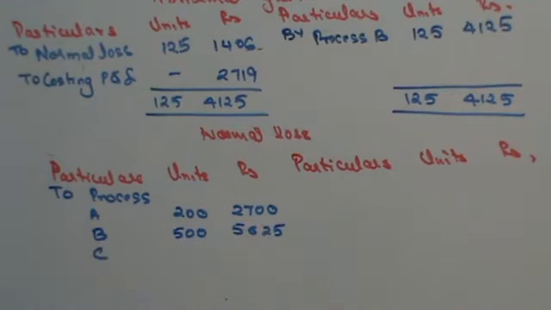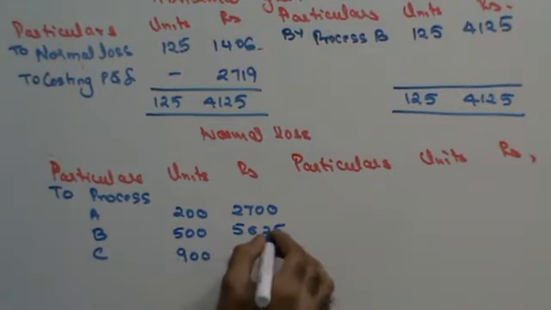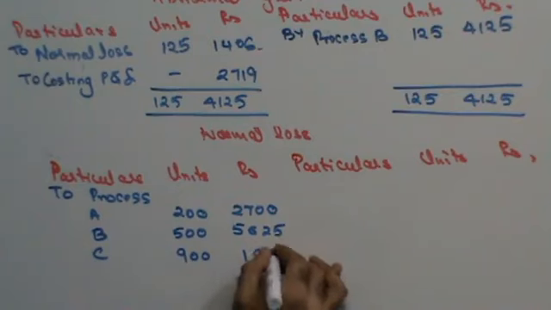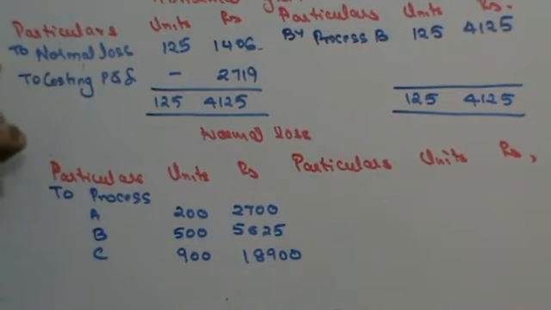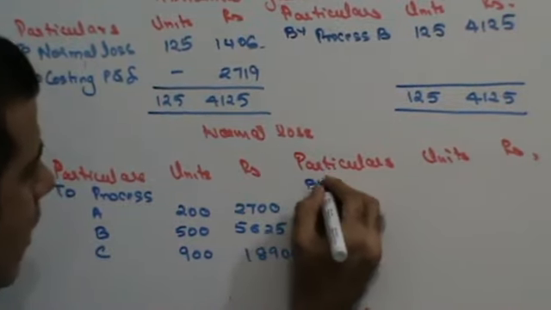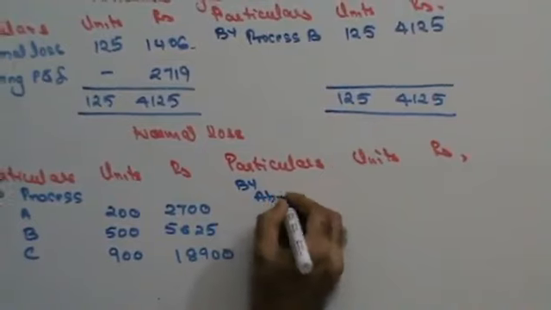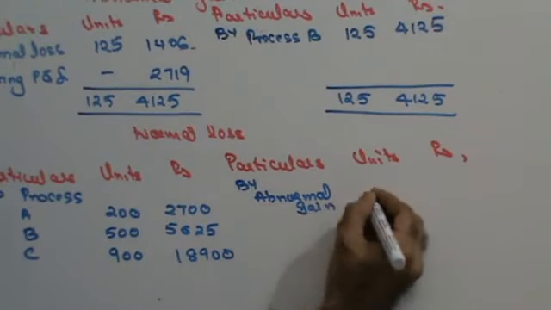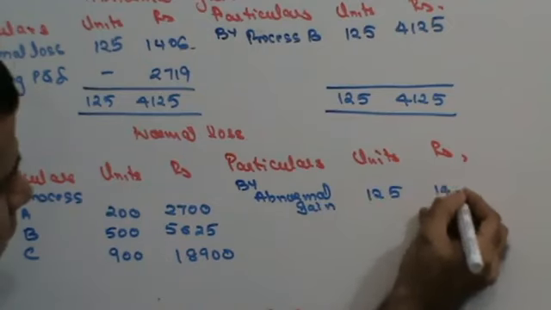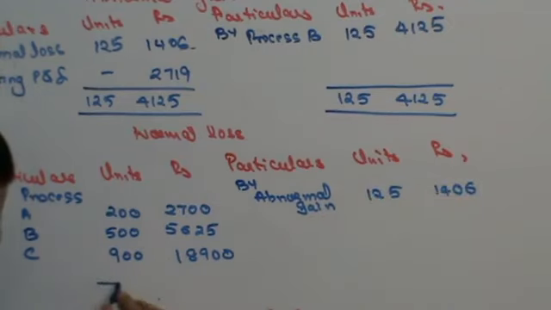And process C is 900 units and 18,900. Right? Now similarly, in abnormal gain you have this entry of normal loss which will come here. Abnormal gain 125 and 1,406. Tally this account.